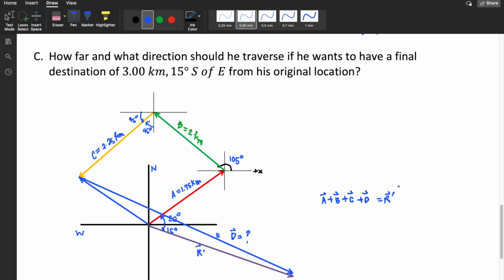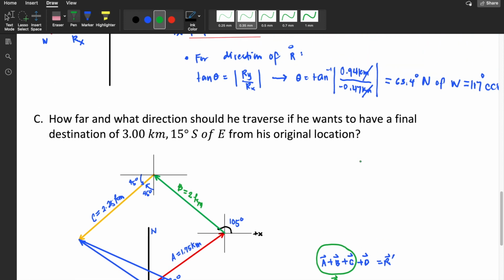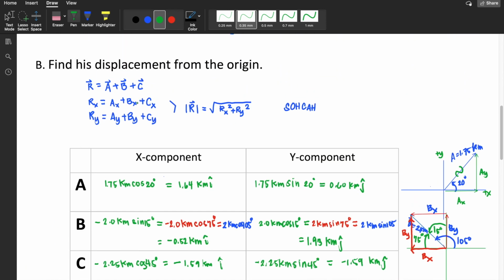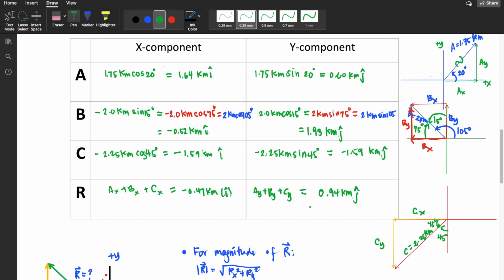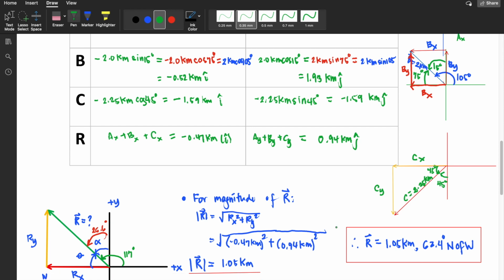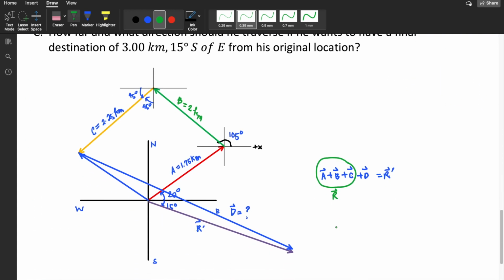But take note, A plus B plus C already has a value. A plus B plus C is simply equal to your R vector, whose components are 0.47, negative 0.47, and 0.94 kilometers.